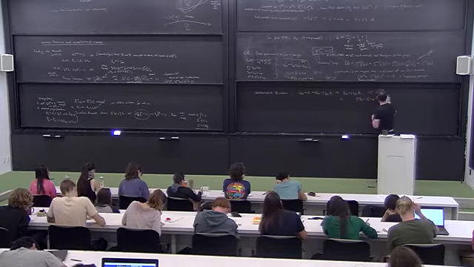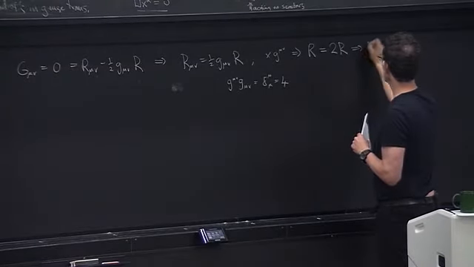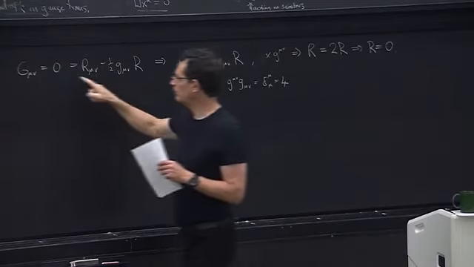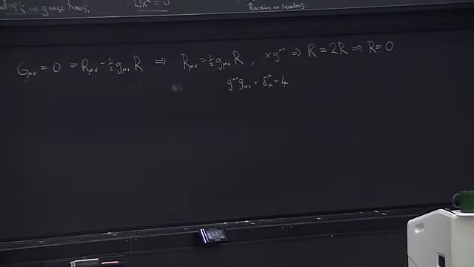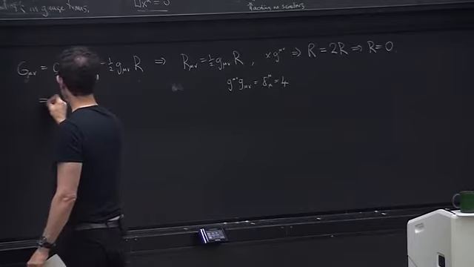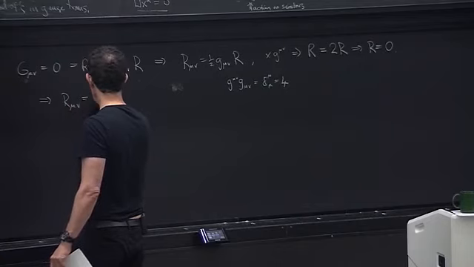So this equation implies that R is 2R. Okay, and this implies that R equals 0. So in fact, if the Einstein tensor is 0, it follows the Ricci scalar is 0, and then it follows that the Ricci tensor must be 0.